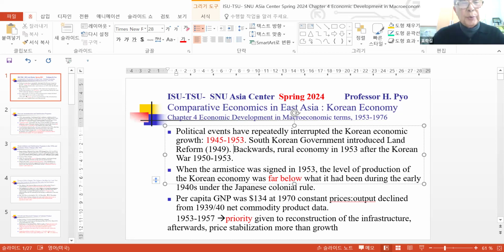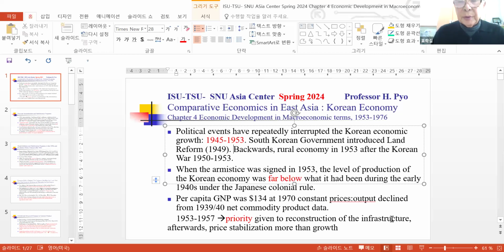This is a very important keyword. Immediately after 1953, through 1957, nothing was more important than infrastructure rebuilding, bridging gaps.